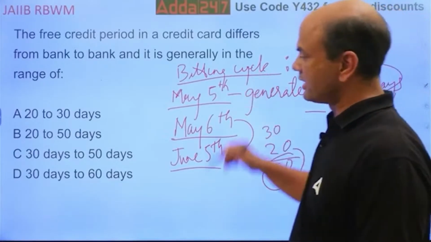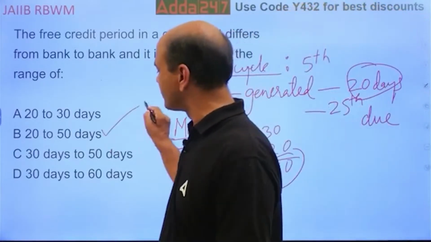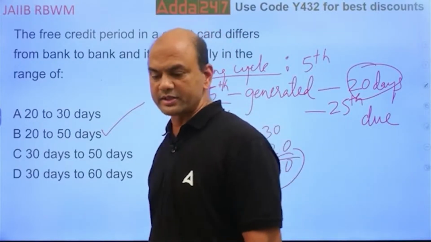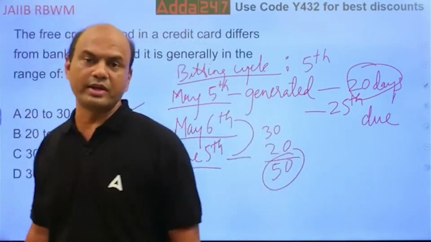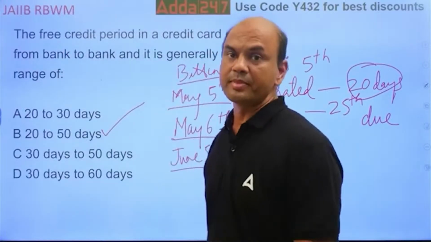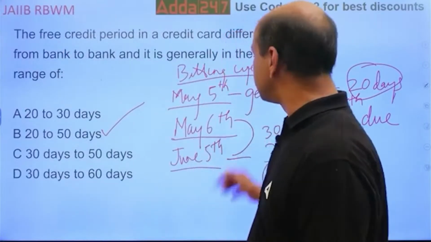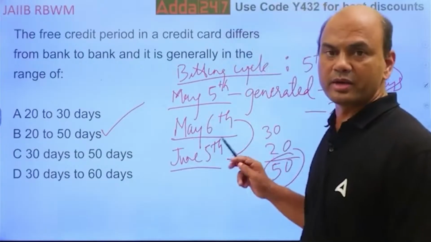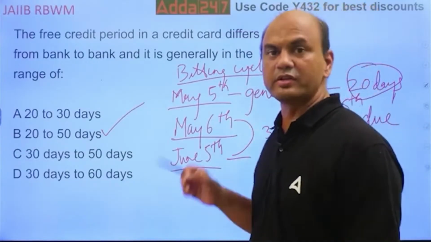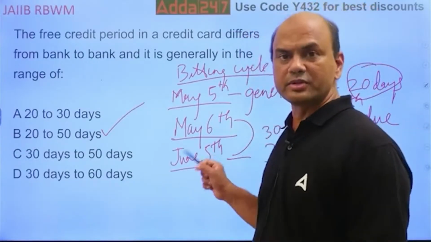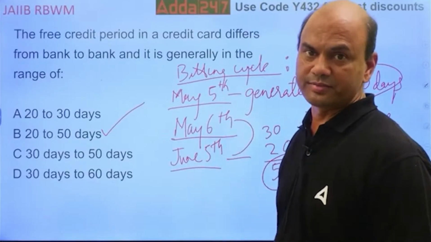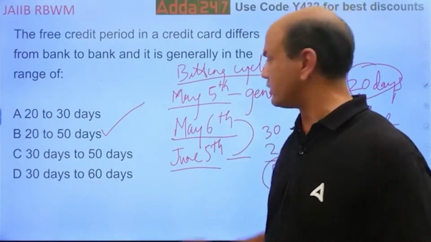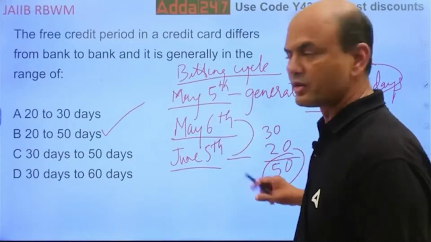So it ranges from 20 to 50 days. Got it, everyone? Clear this concept? See, this billing cycle is very important in your exam also, in your life also. In the exam also you get a question on the billing cycle. Okay, you get a case study on this, on the same which I have taken.